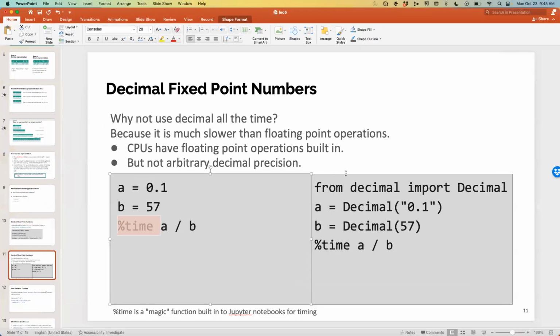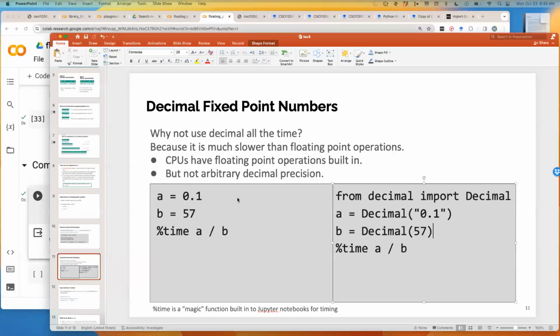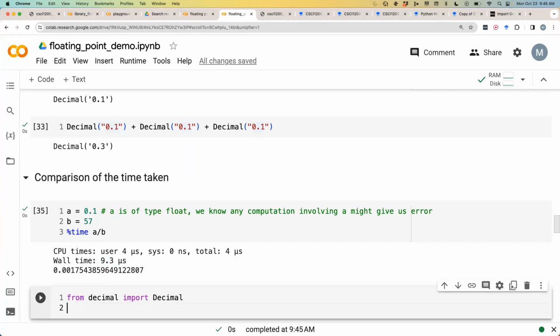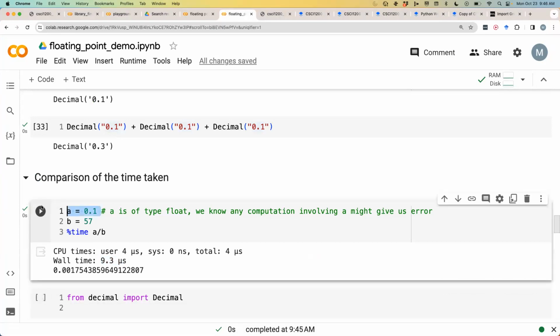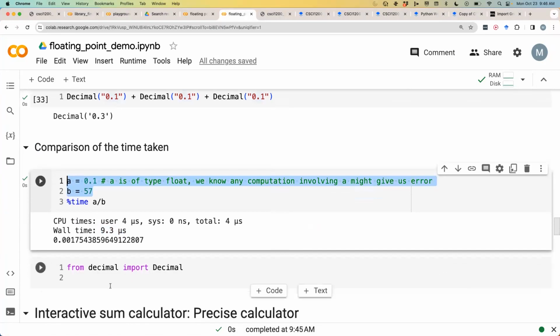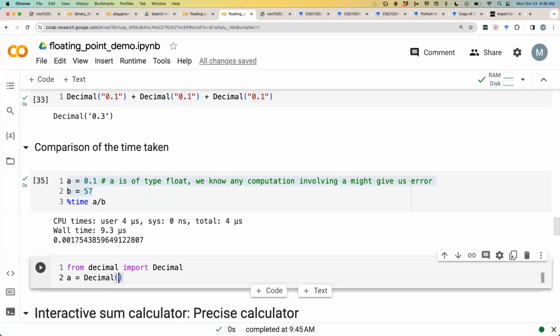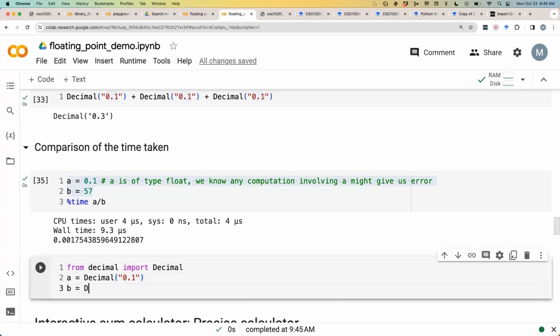Now, if we want it to be precise, we change everything into decimal. Again, I'm going to do from decimal import Decimal. Now we typecast everything into decimal. So a will be Decimal of 0.1 as a string, and b can be typecast as Decimal 0.57, for example.